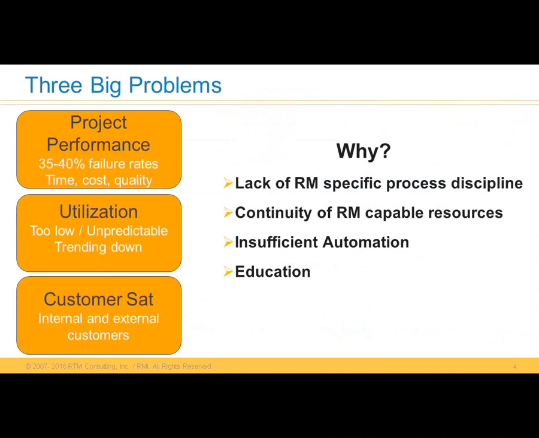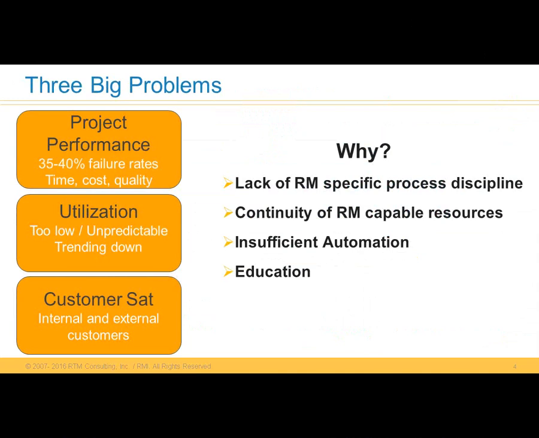I was at an industry conference back in the summertime, and they talked about how for the last 20 years, project performance for enterprise IT organizations has not wavered one bit, yet the industry has invested a tremendous amount in project and quality management tools. I would submit to you it's because we haven't gotten it right on resource management.